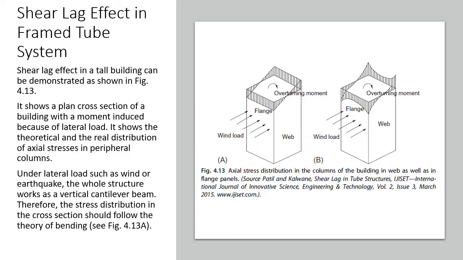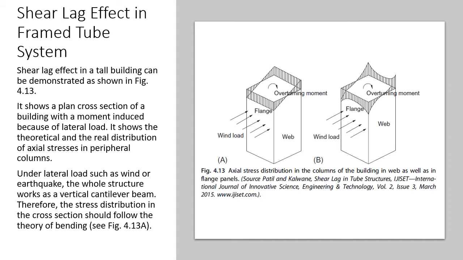Now, for the shear lag effect in frame tube system, shear lag effect in a tall building can be demonstrated as shown in figure 4.13. It shows a plan cross-section of a building with a moment induced because of lateral load. It shows the theoretical and real distribution of axial stresses in peripheral columns.